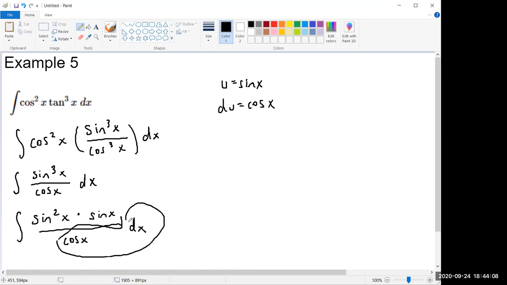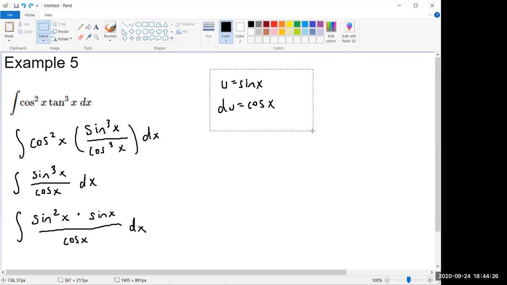Can we change sine squared x to 1 minus cosine squared x, or would it not work? You can. That's what I was thinking, actually. That was what I thought would probably be the right choice.